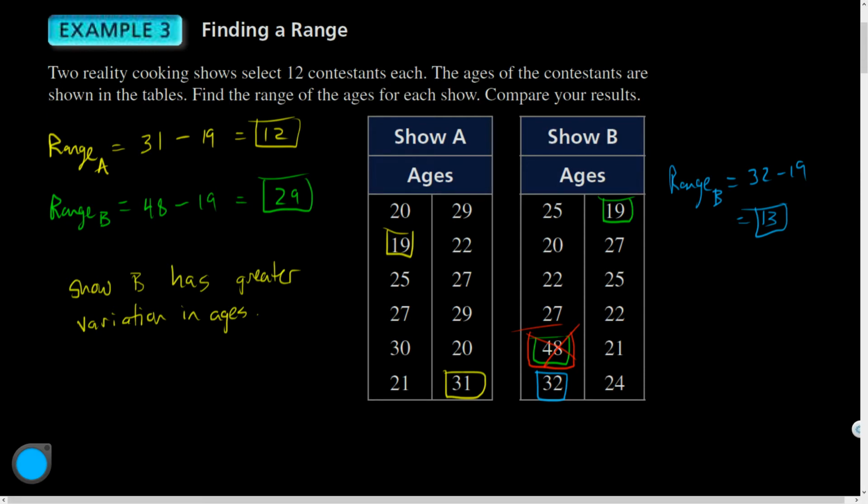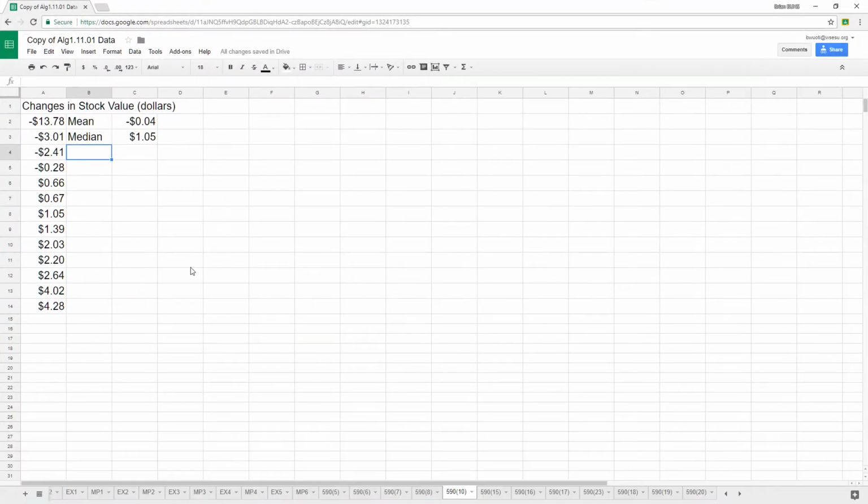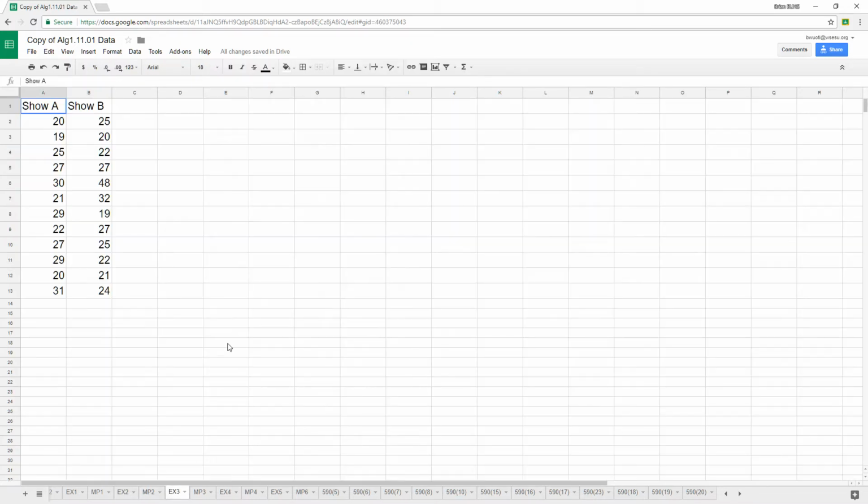Tell you what, let's take a look at the spreadsheet. Now, guys, check this out. This was example 3. Here are my values. It turns out I can type equals.